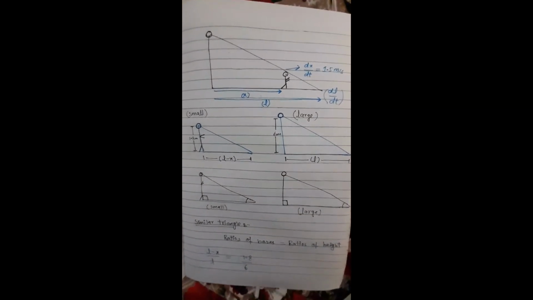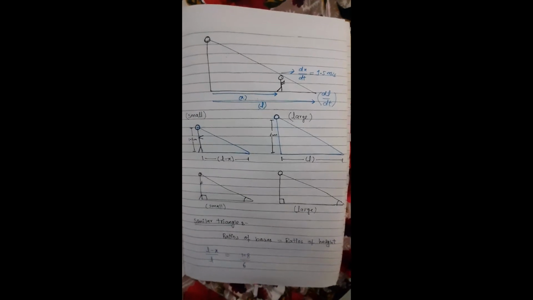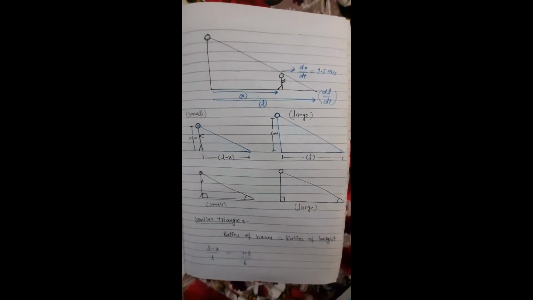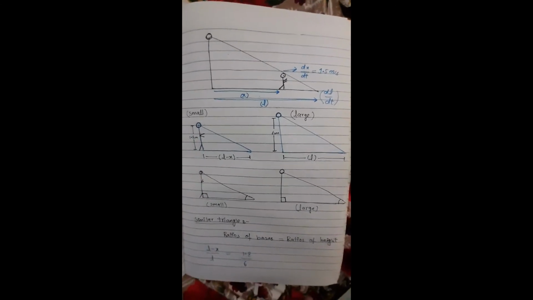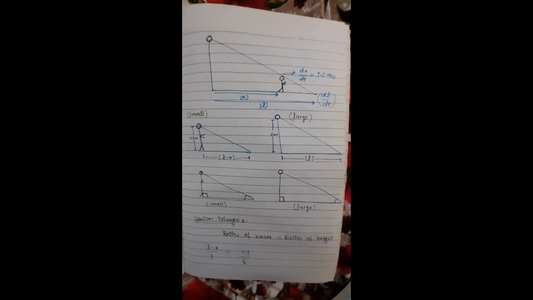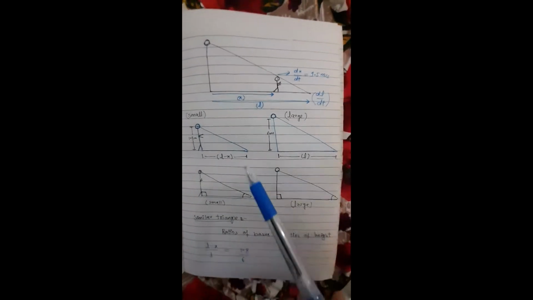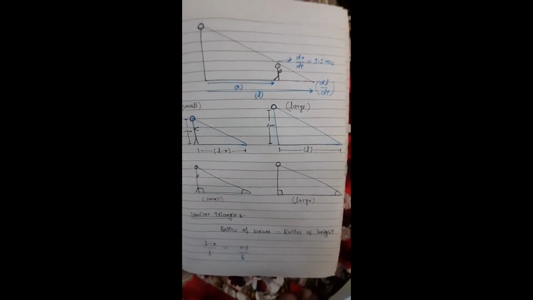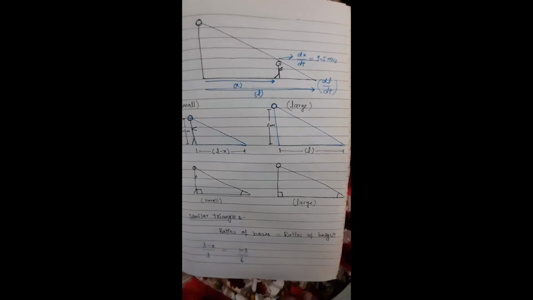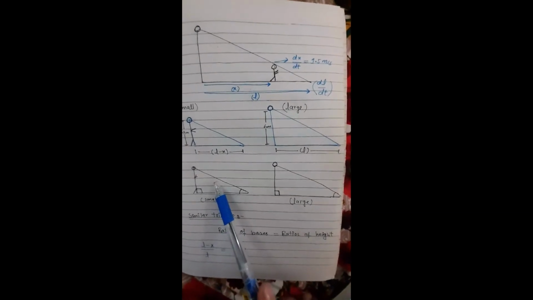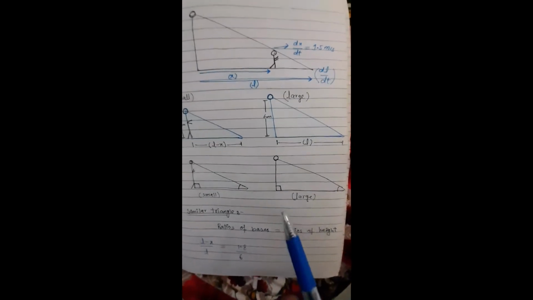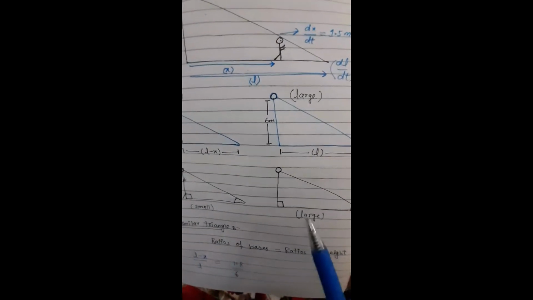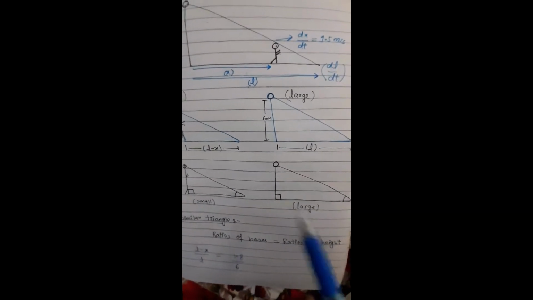To find a relation between dL/dt and dx/dt, we need to develop an equation, and for this problem we will use similar triangles. In our figure we can see one small triangle embedded in a bigger triangle, which is a big clue that we will use similar triangles.